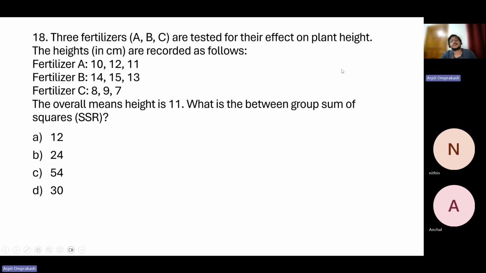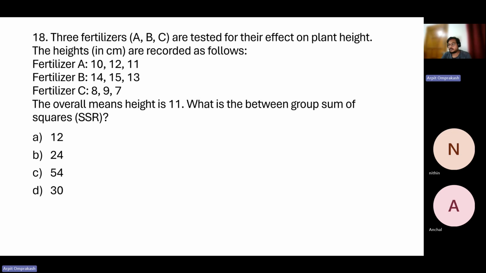Next question is, 3 fertilizers A, B, C are tested for their effect on plant height. The heights in centimeters are recorded as follows. Fertilizer A has 3 heights, and B and C also have heights given. The overall mean height is 11, right? What is the between group sum of squares?